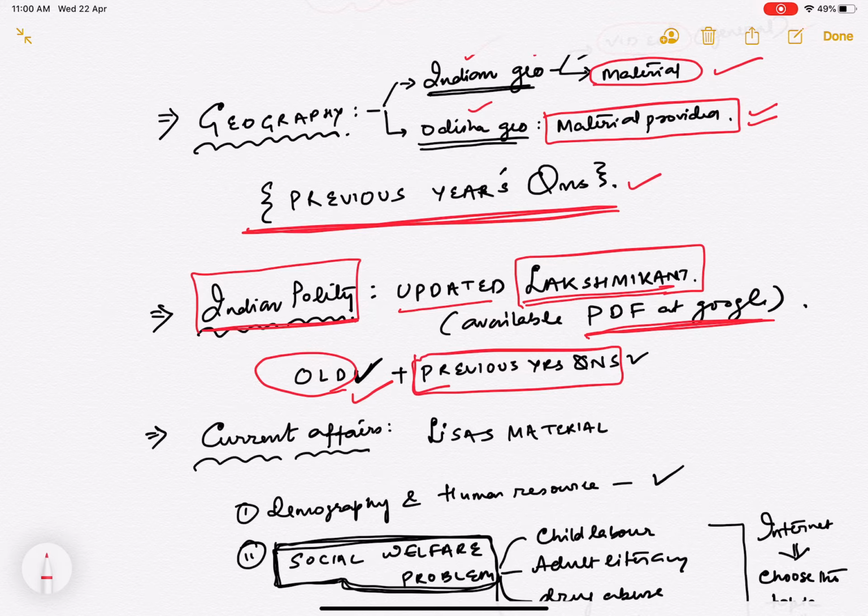With respect to polity, last year, I remember there was a question on the role of the Odisha speaker. How do we write the answer? The role of the speaker is as follows, this, that, this, and that.